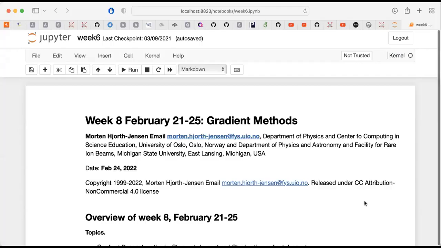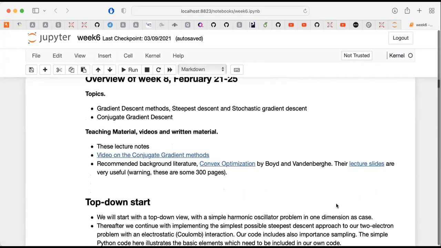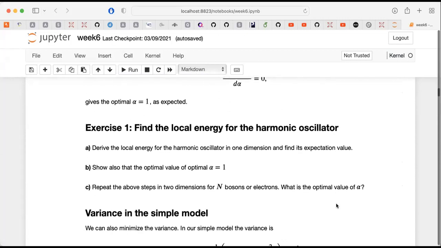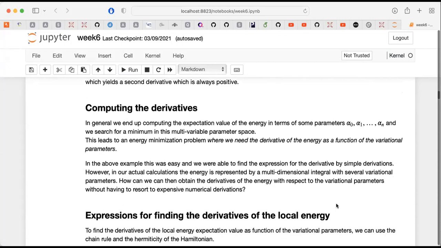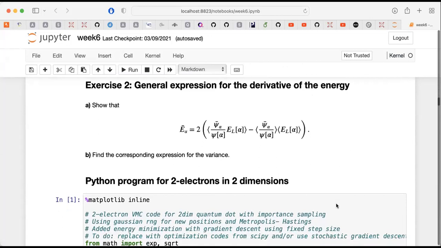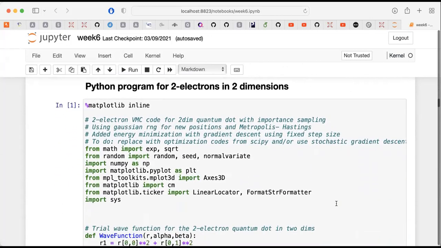So let's do that and go back to the Jupyter notebook and take a look at what we need to program now. So here I have added a new item to the program, which we have been discussing throughout the lectures here. So if you scroll down here, you will recognize many of these topics.